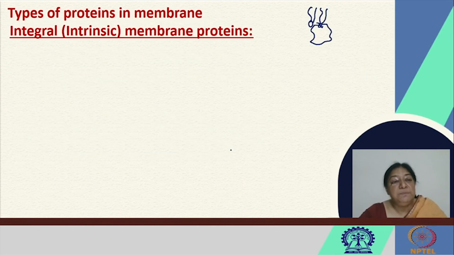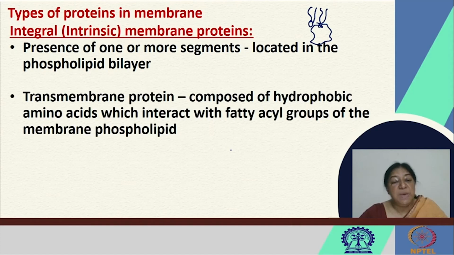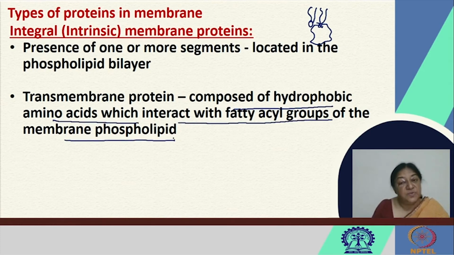When we look at the types of proteins in the membrane, we have this that is located in the phospholipid bilayer. The transmembrane protein is composed of hydrophobic amino acids which interact with the fatty acyl groups of the membrane phospholipid.